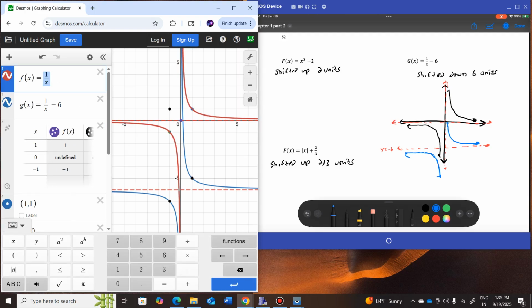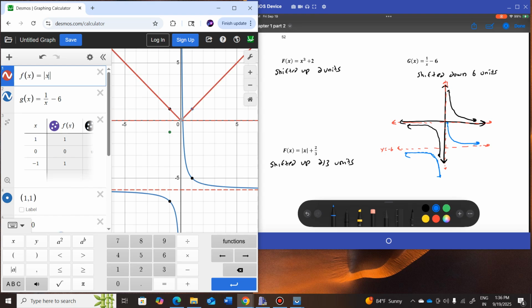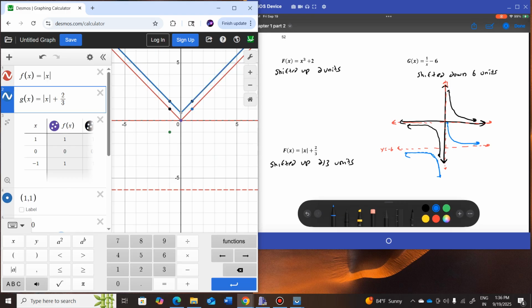Right, so now the next one, absolute value of x. How do we do that? And then we're adding 2/3 to this. Right.